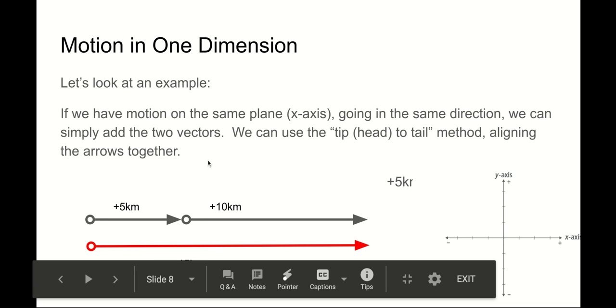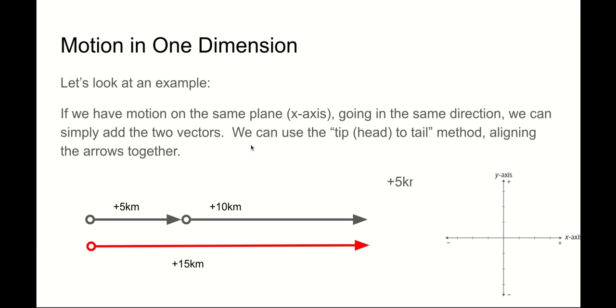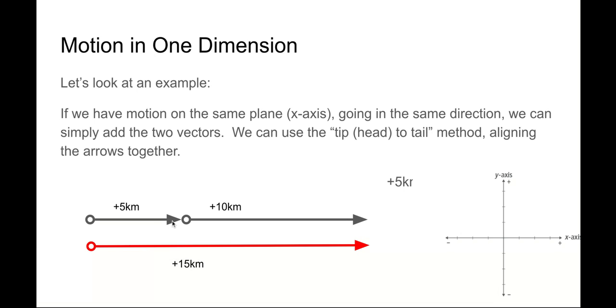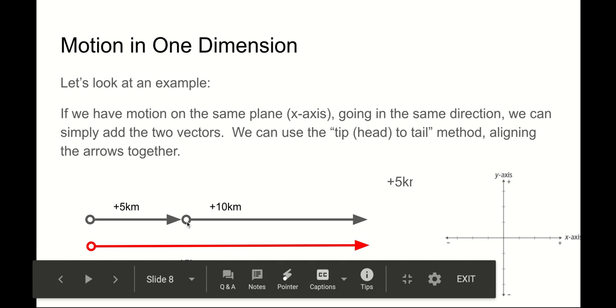So if we have motion on the same plane, this x-axis, right? Again, our Cartesian system here, we can see the origin is 0. Because it's going in the same direction, the positive direction, we can add them together. We can also, using the arrows, use a tip or head of the arrow to tail method, aligning these arrows together.